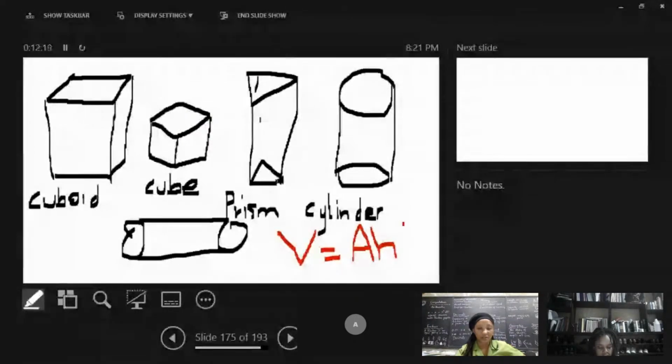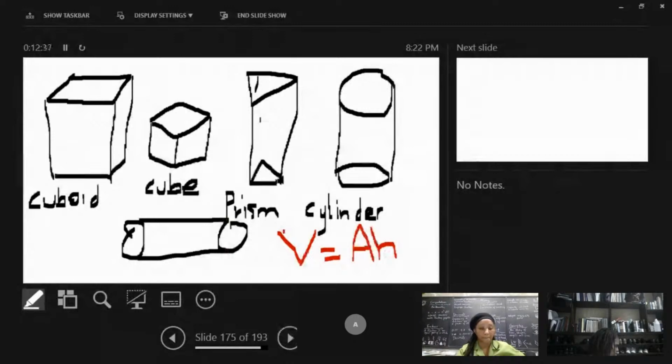So to find the volume, we need to determine the shape of the base of that prism and multiply that area by the height or the length between the two bases. That's what we're going to be doing.